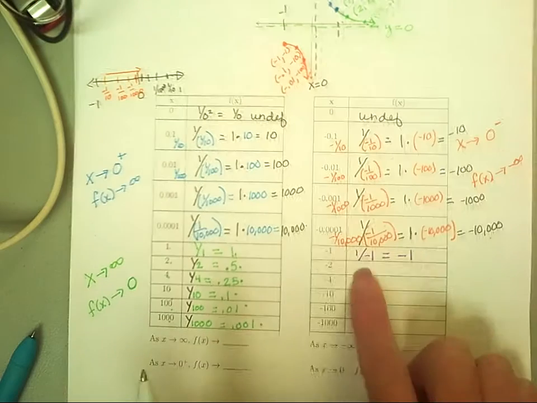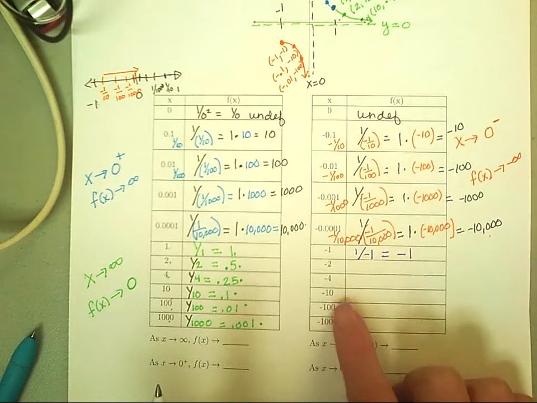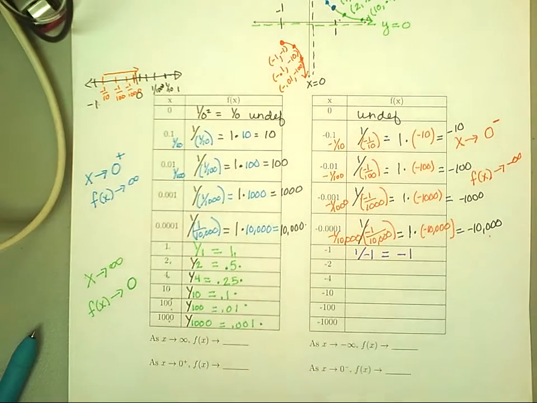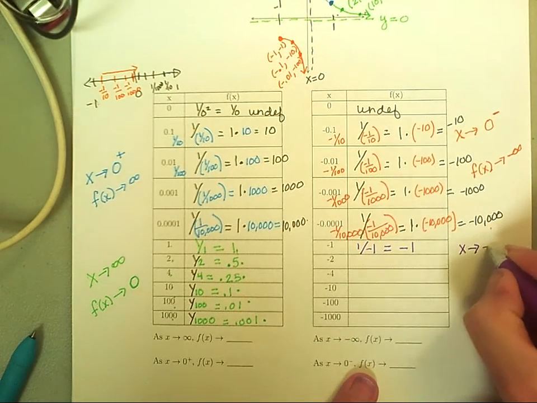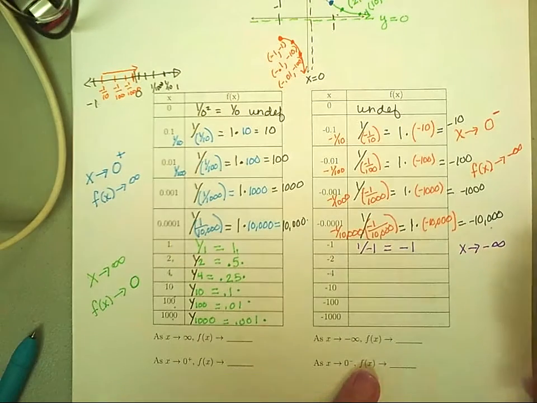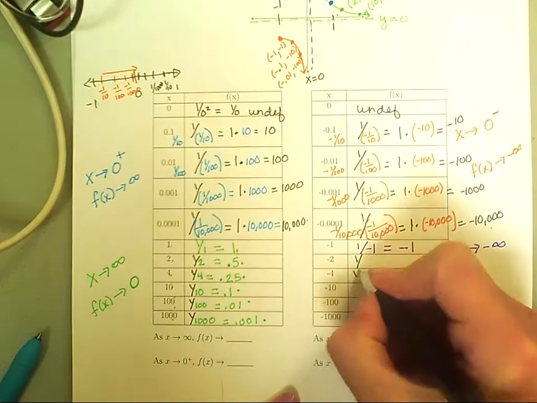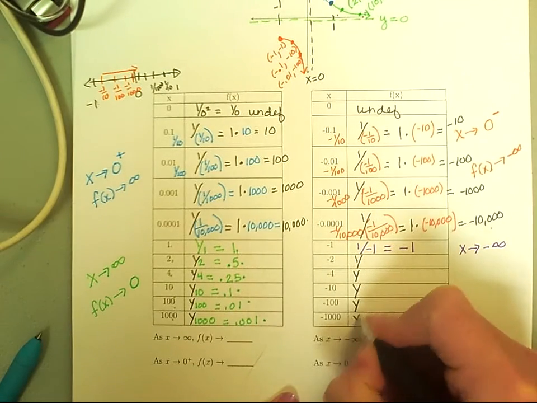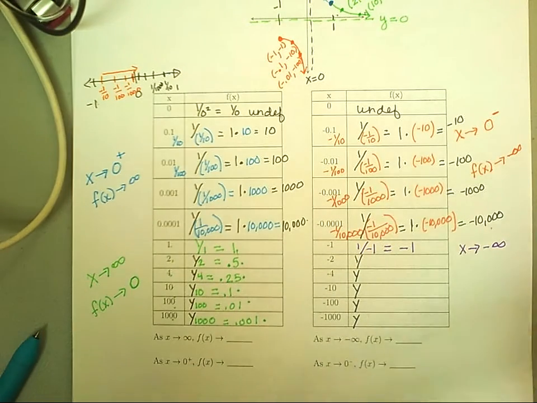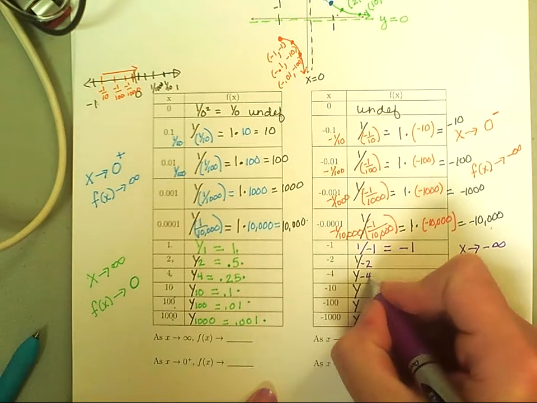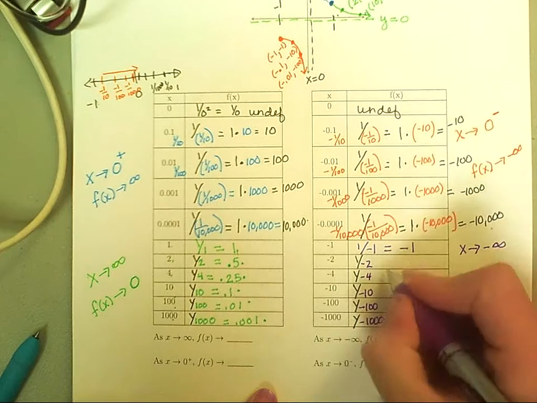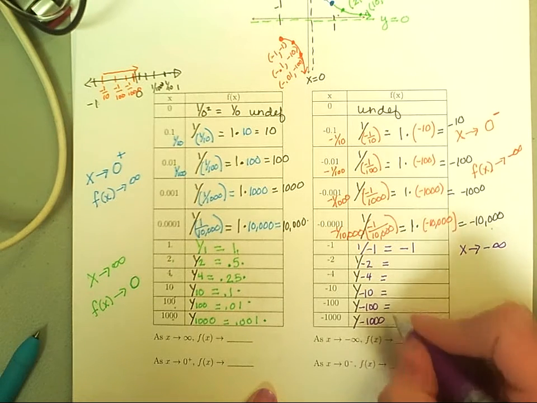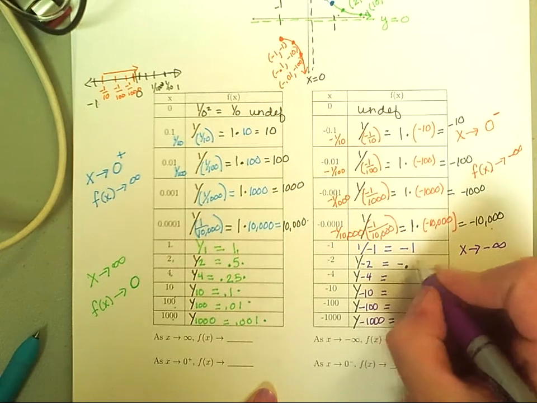Now let's see what happens as the values of x get more and more negative. By that I mean, what's happening as x goes to negative infinity? Let's see what's happening to the function values. So again, we'll have 1 over all of these. And we can put in negative 2, negative 4, negative 10, negative 100, negative 1,000. So this is negative 0.5.